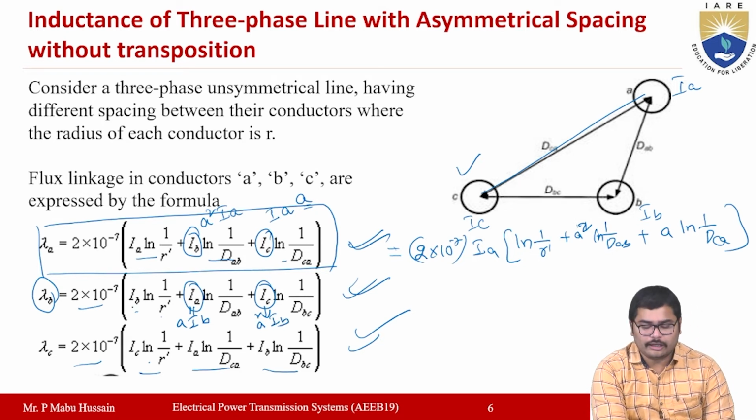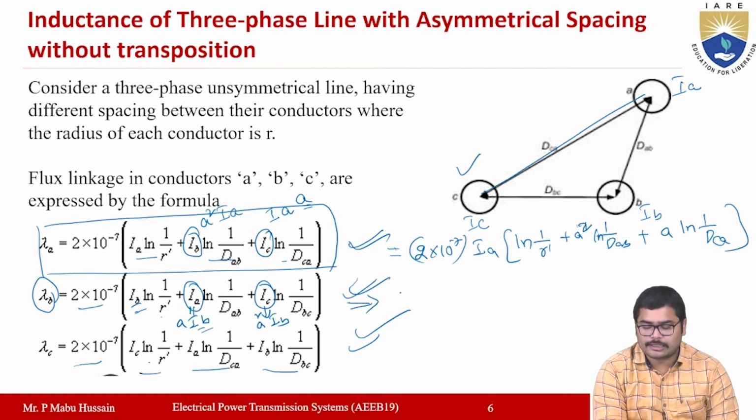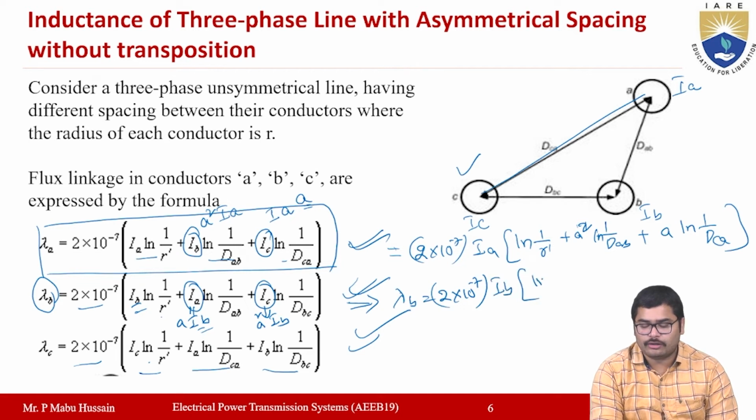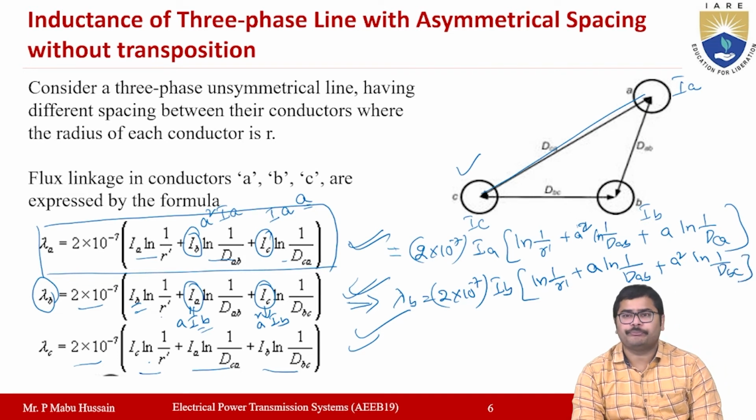Now in all the terms you have IB as common. When you take IB as common, lambda B you can write as 2 into 10 power minus 7 into IB into [ln 1 by R dash plus A into ln 1 by DAB plus A square into ln 1 by DBC] you will get.